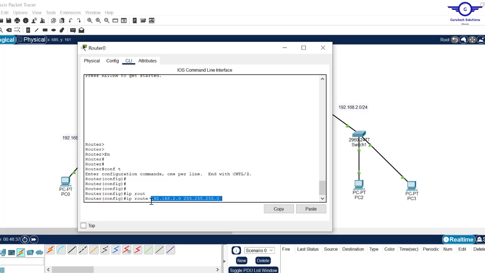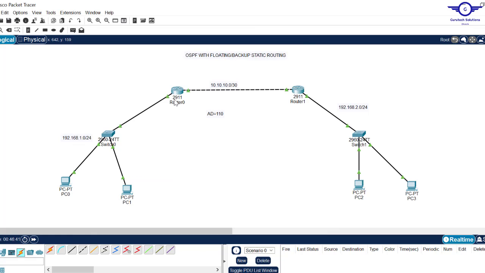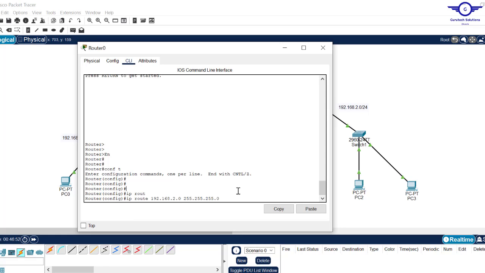So any packet going to this destination, I'm telling this router that it should be forwarded to this router's IP address here. So let me tell it should be forwarded to 10.10.10.2.